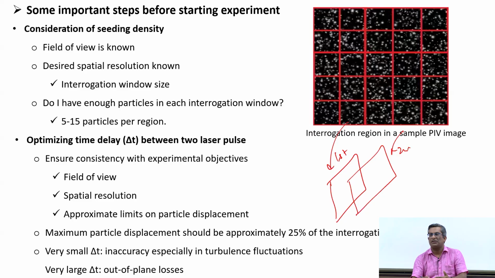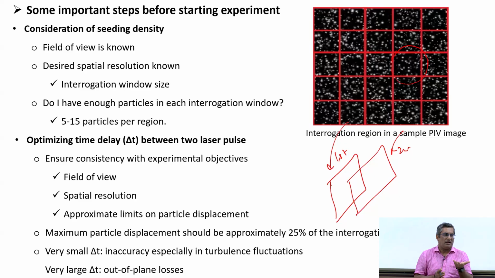You do this for the second image also, and you try to match the pattern in one of the interrogation windows. You consider, let us say, this interrogation window, and you search in the next image where this pattern is matching, and quantitatively it is done by calculating the cross correlation. If the cross correlation coefficient is 1, then you have the best match.